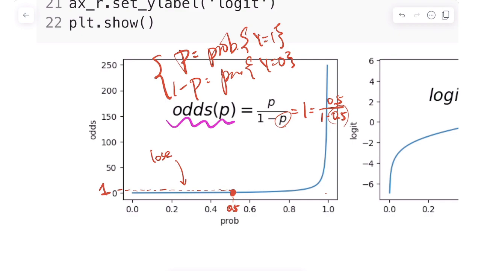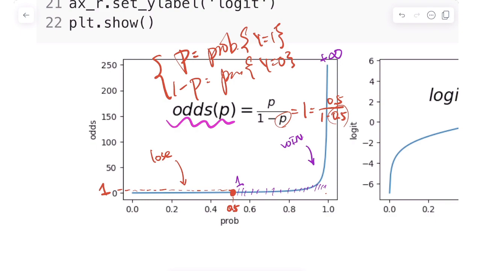But when you win, the range of probability is between 0.5 and 1.0, while the range of odds is 1 to infinity.